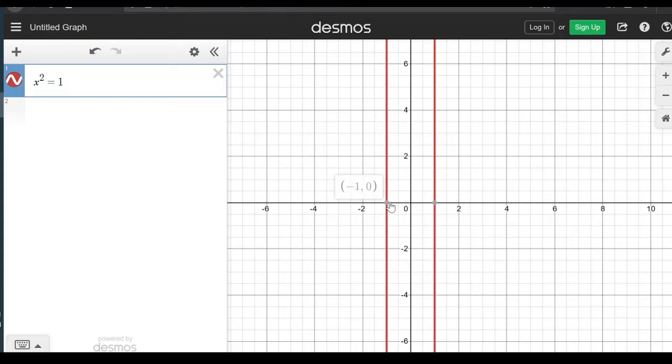So any x-coordinate equal to negative 1, any x-coordinate equal to positive 1, as long as your point satisfies that condition, it makes the equation true, and therefore it's on the graph of the equation. So y is free, and we see this graph being extended infinitely in the vertical, the y direction. As long as x is negative 1 or positive 1, y can do whatever the heck it wants because y does not have anything to do with the equation that we are graphing.